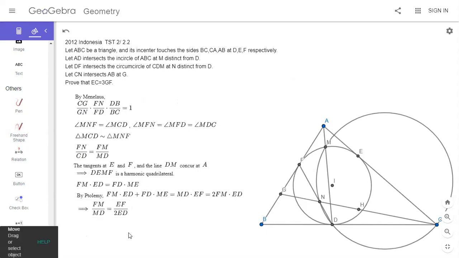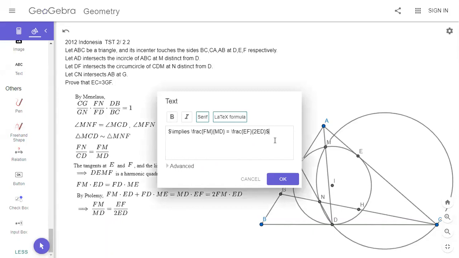I'm trying to see how this finishes the problem though. Okay, I'm going to substitute. I'm going to combine this with this equation. Well, first I'll write this.